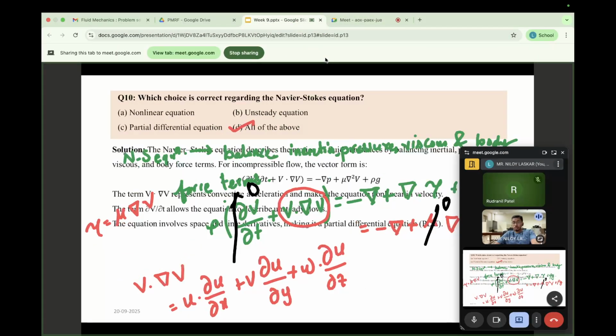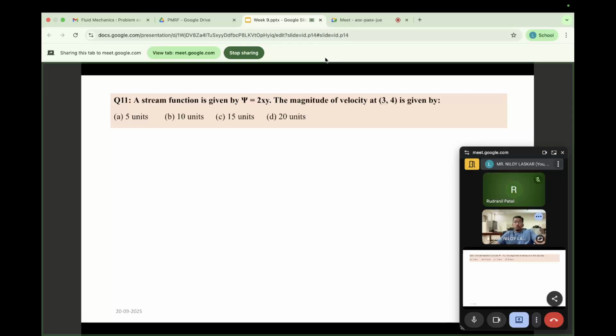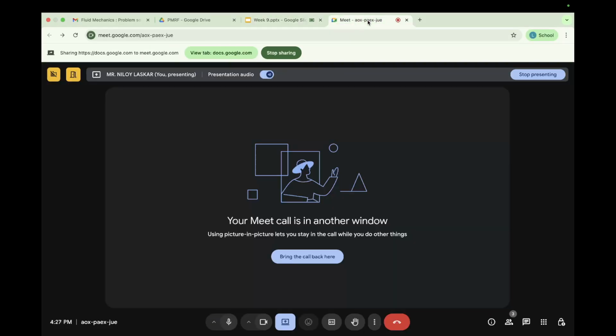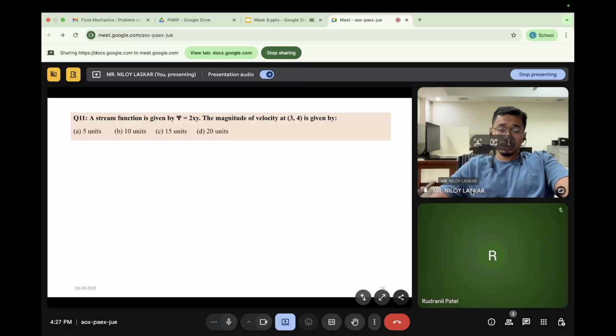Okay, this next question is on the stream function, where the stream function is given and you need to find out the magnitude of the velocity. I'm giving you 2 to 3 minutes to solve this one.